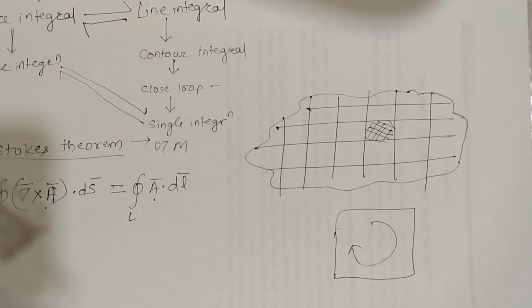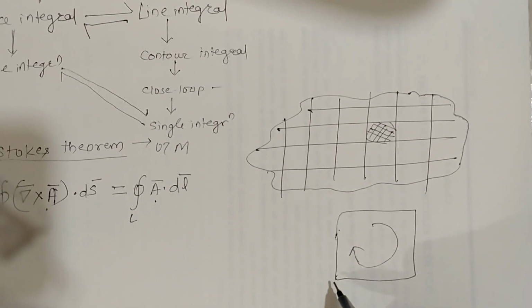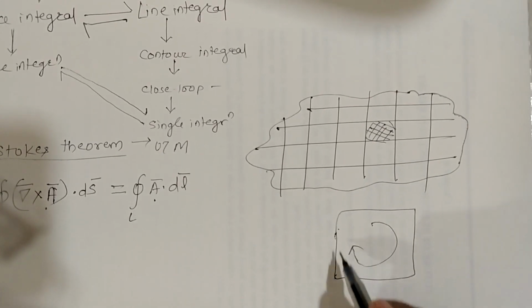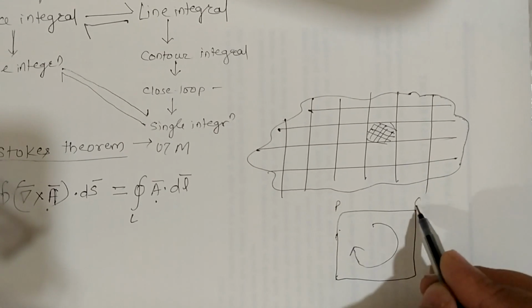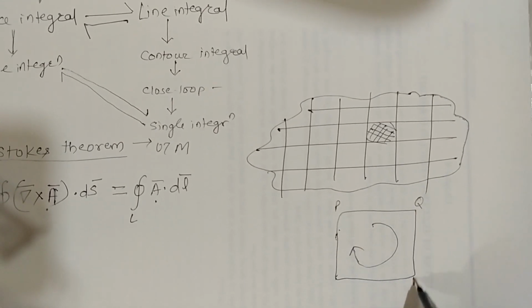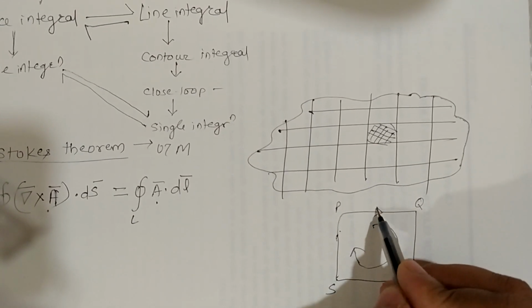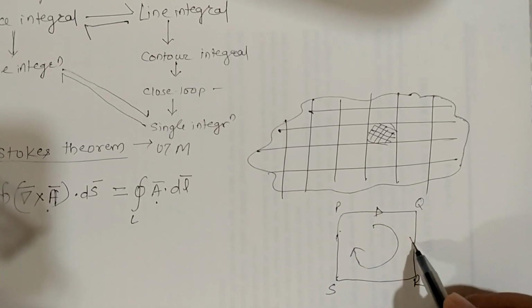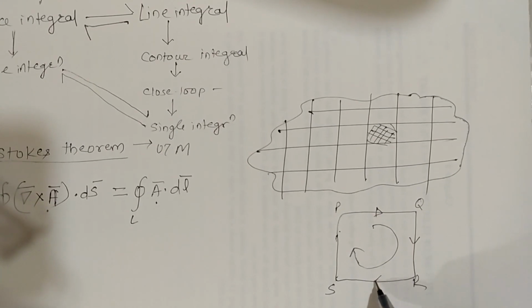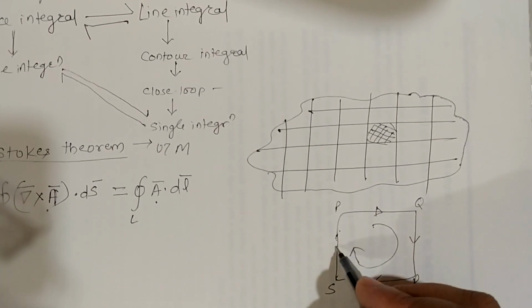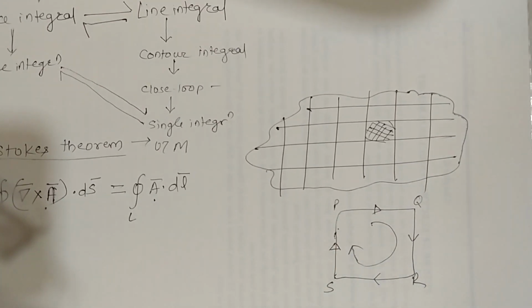So I am giving nomenclature to this rectangular surface as P, Q, R, S. We are moving from P to Q, then Q to R, then R to S, and then at last from S to P. So with this we are completing our loop.